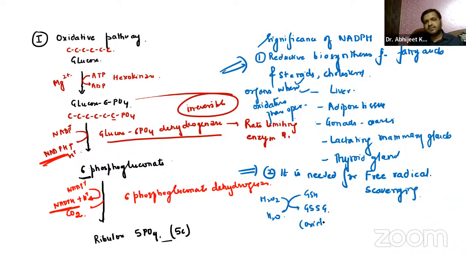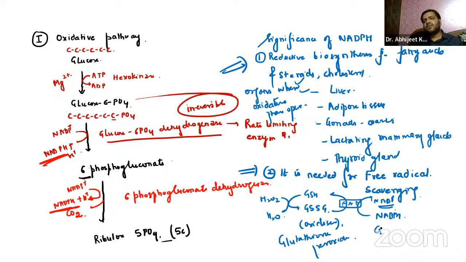And the NADPH is basically converting into NADP. So we have glutathione peroxidase over here, and glutathione reductase over here. The enzyme used over here is glutathione peroxidase, and over here it is glutathione reductase.